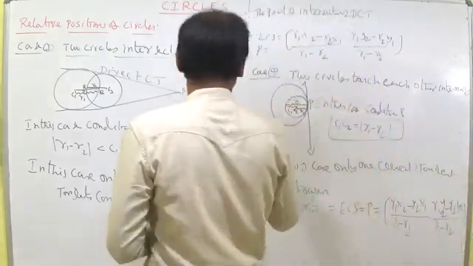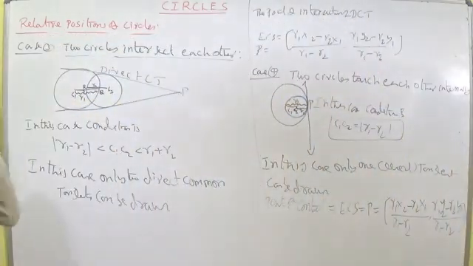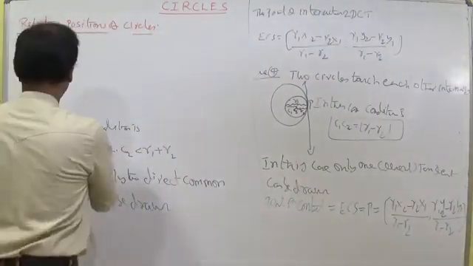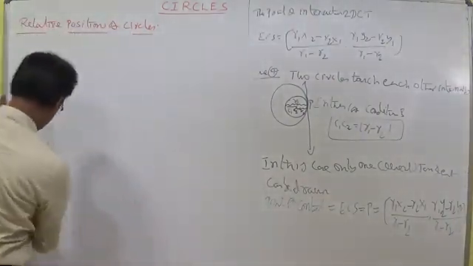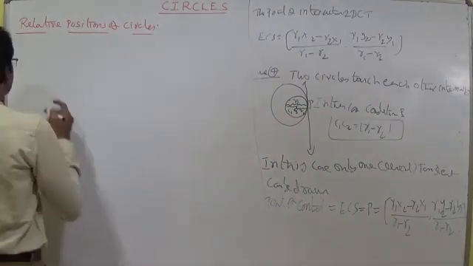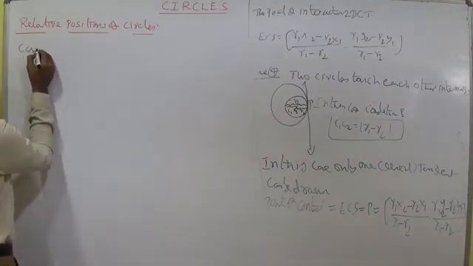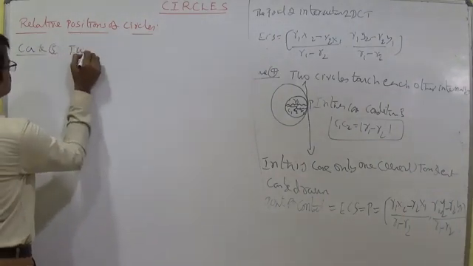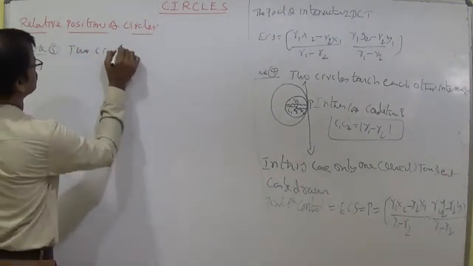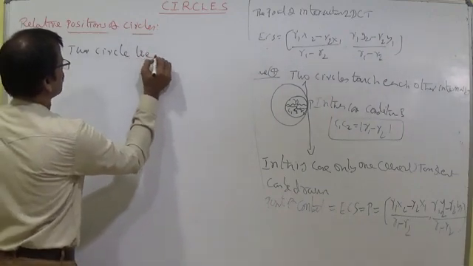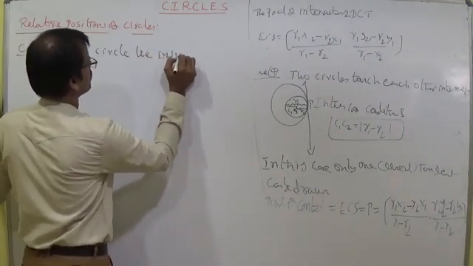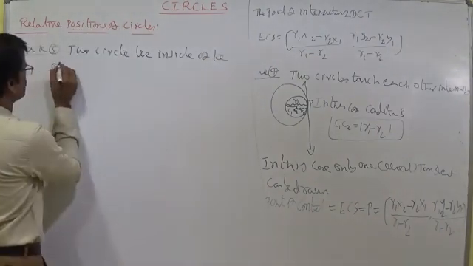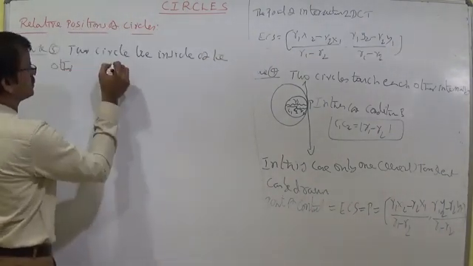Now case 4 is completed, case 5 is there. Case 5: two circles lie inside of the other.